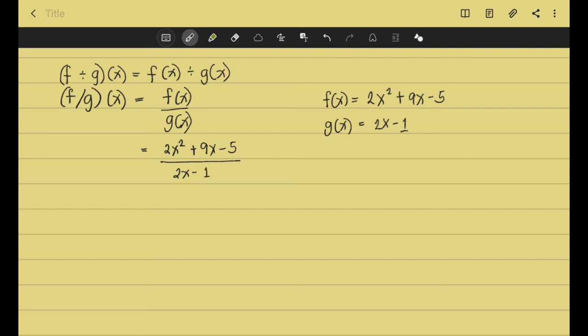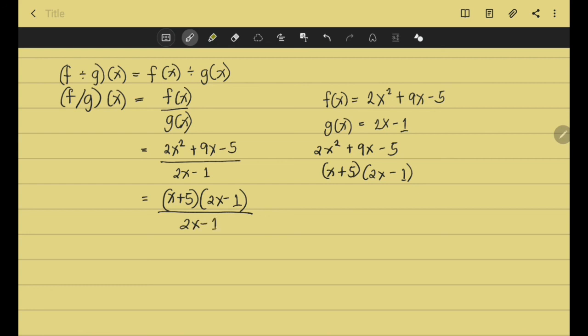So the factors of 2x squared plus 9x minus 5 are x plus 5 and 2x minus 1. So we will write the factors of 2x squared plus 9x minus 5 as x plus 5 multiplied by 2x minus 1 all over 2x minus 1.